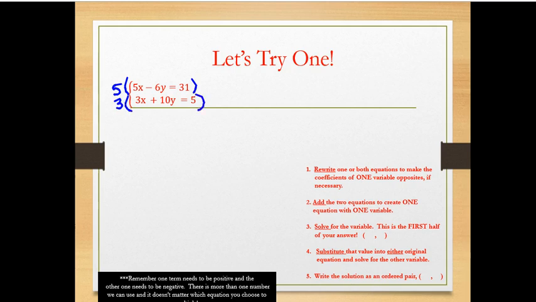That will make my y terms cancel out because 5 times 5x gives us 25x. 5 times negative 6y is going to give us minus 30y. And 5 times 31 is 155, I believe.